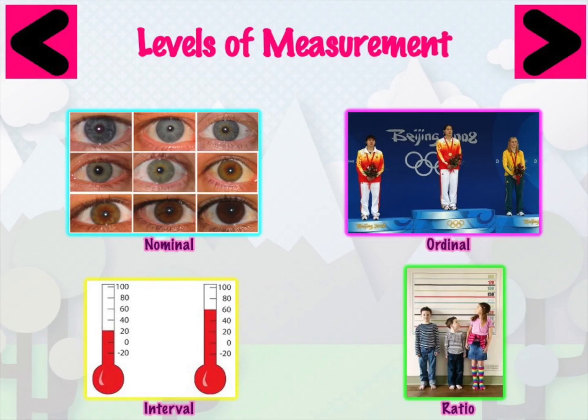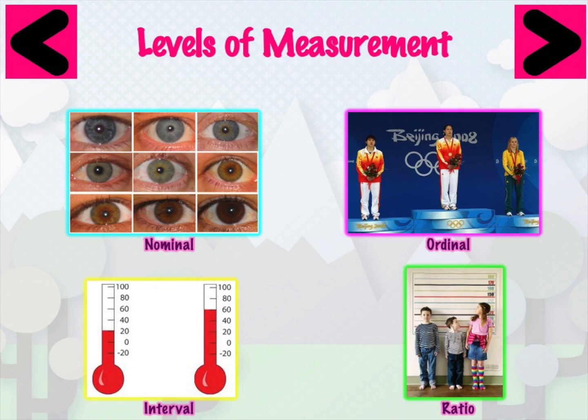This could be things like temperature, dates, age, weight, where the difference between 1 pound and 2 pounds is 16 ounces, and the difference between 2 pounds and 3 pounds is 16 ounces. So with interval data, we do have equal intervals between the numbers.